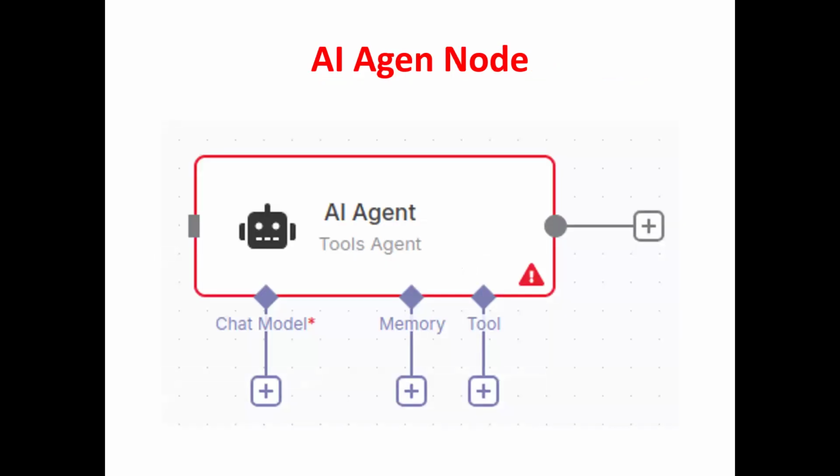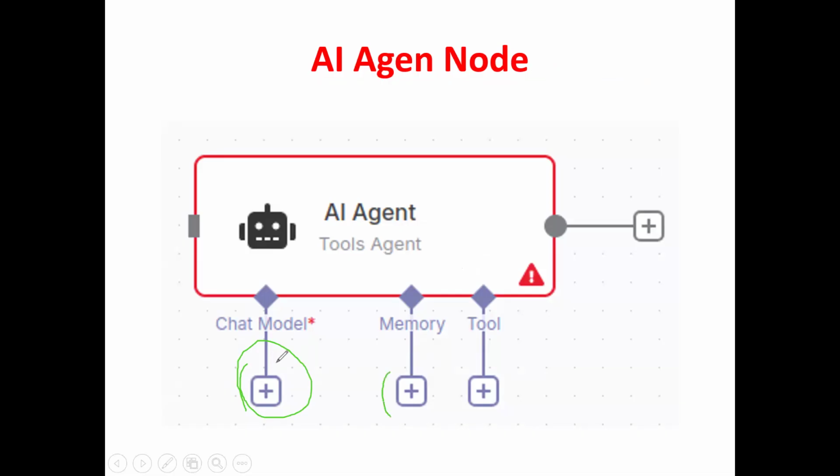Now this is how an AI agent node looks like. Now you see this part, let me pick my pen right here. This part here is your chat model. This is where you introduce any of the chat models, maybe like ChatGPT, like Gemini AI, and so on.